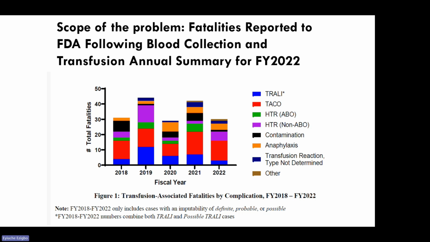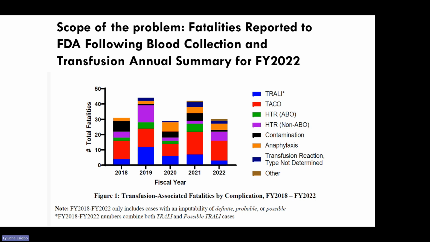Then you find out that it's very good news that when we look at hemolytic transfusion reaction due to ABO, when you look at 2022 fiscal year for reports on complications of blood transfusion, this transfusion reaction due to ABO has completely been handled.